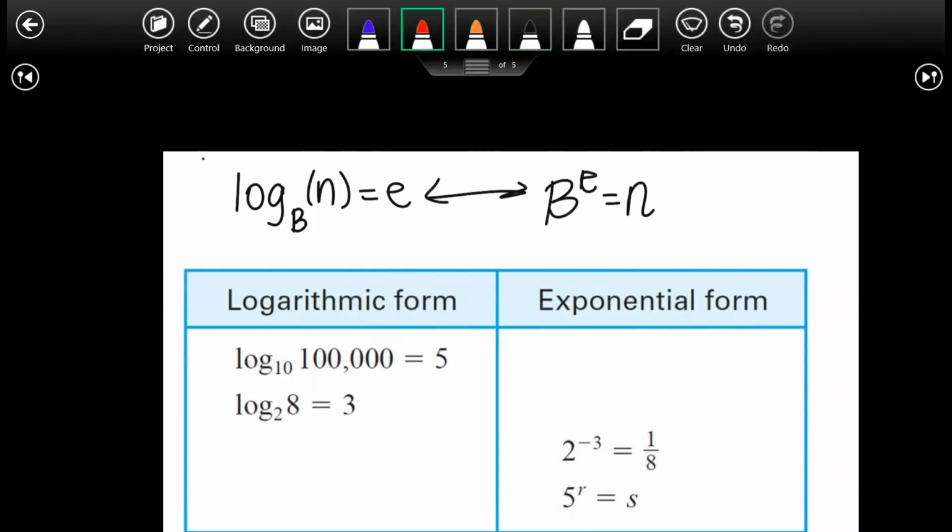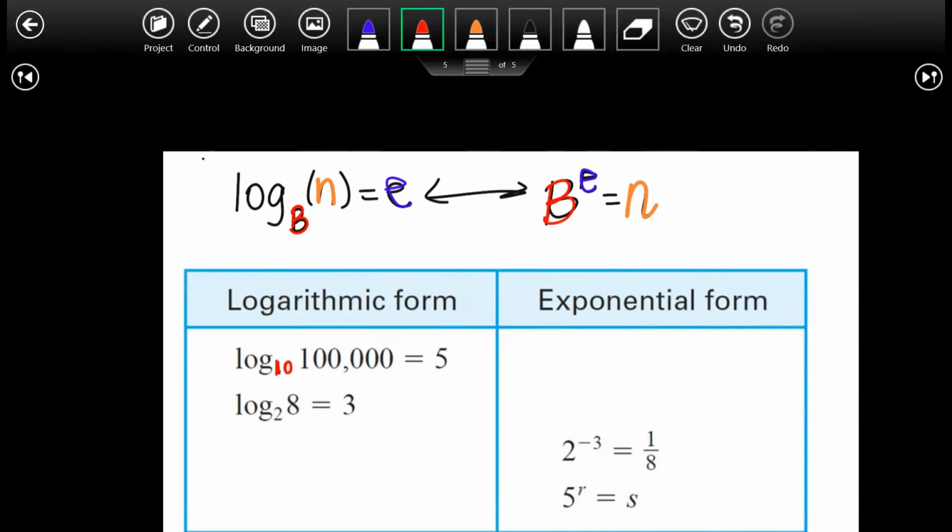Again, we can match up the letters: our base number with the base number for our exponential. The number on the inside is the number on the outside for the exponential. And our exponent will be what it's equal to. So we want to be able to convert between both of these. If I'm looking at my logarithm, I know I have a base number.